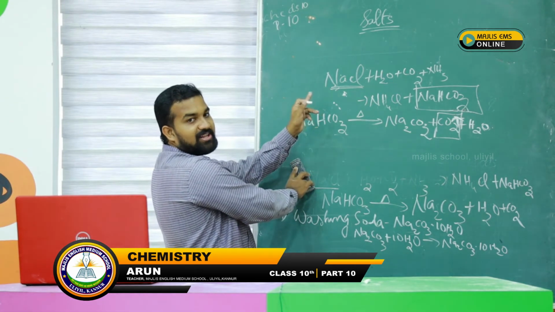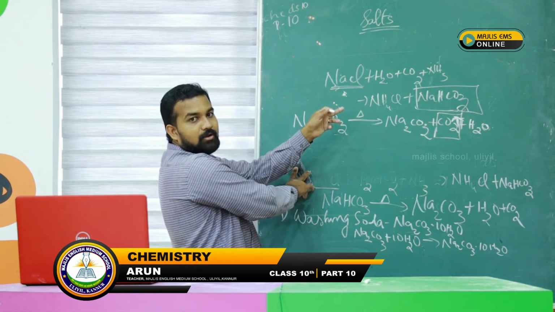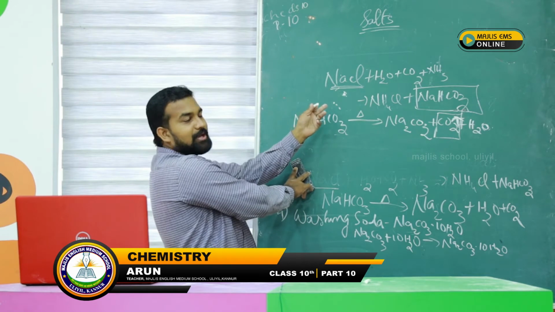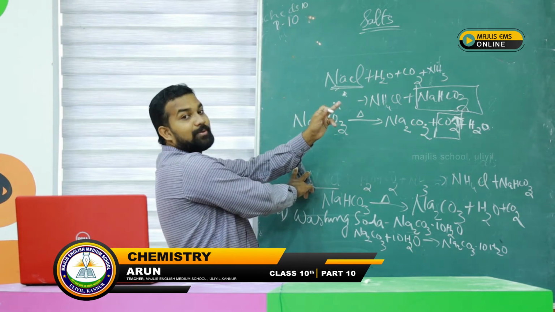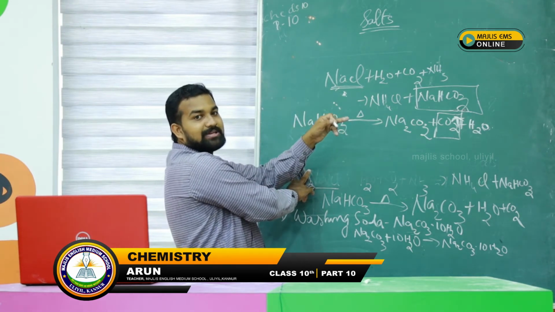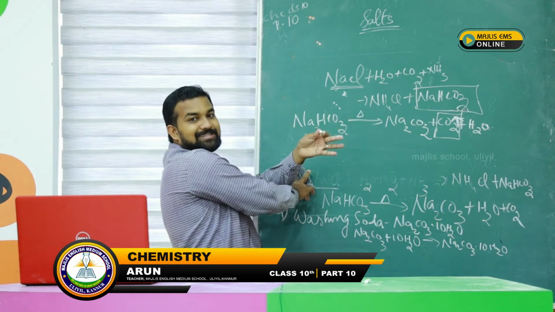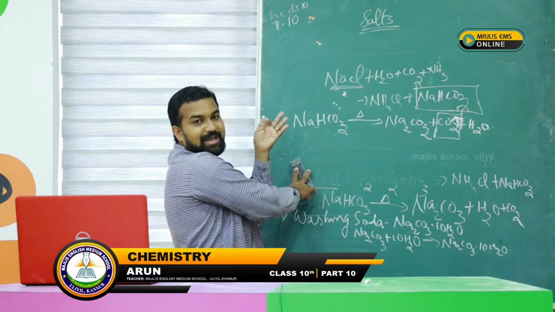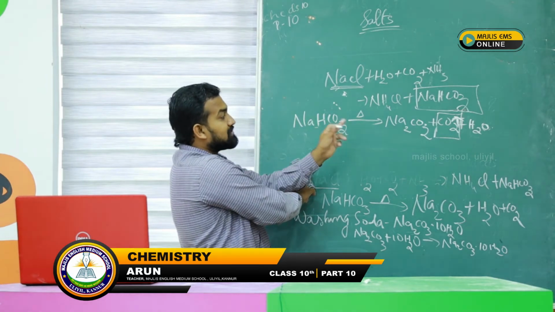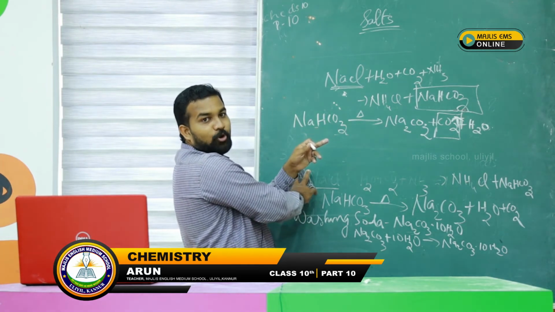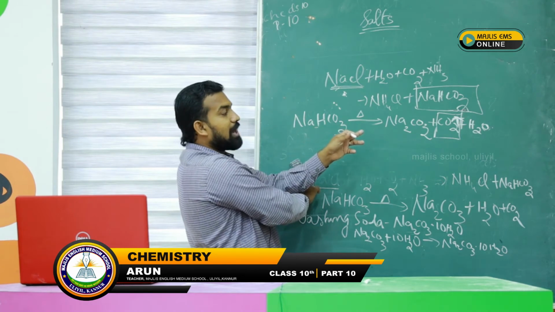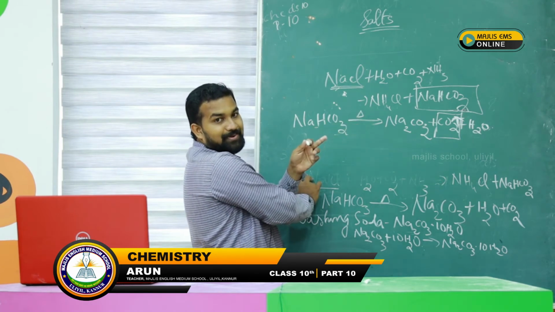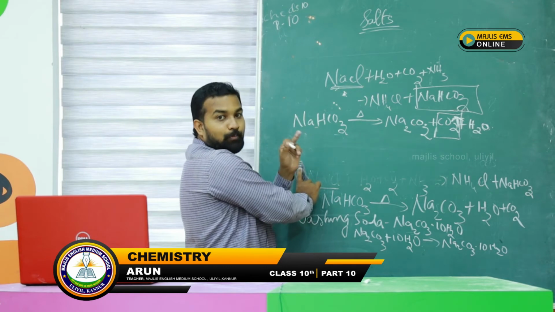From sodium chloride, adding water, carbon dioxide and ammonia, they will produce ammonium chloride and sodium hydrogen carbonate, and that sodium hydrogen carbonate is baking soda. If it is heated, it will dissociate in a decomposition reaction, a single reactant into many products. So sodium carbonate, carbon dioxide gas and water vapors are present, and that carbon dioxide is important.